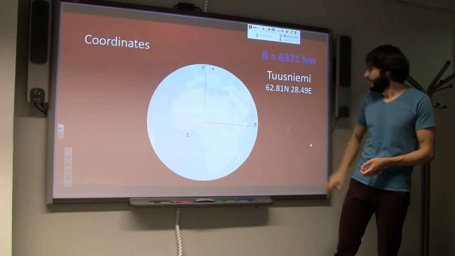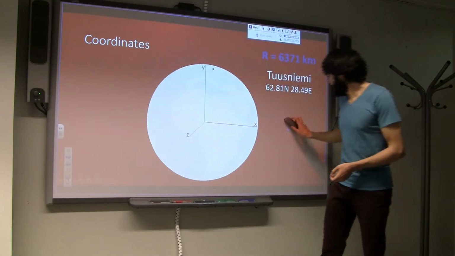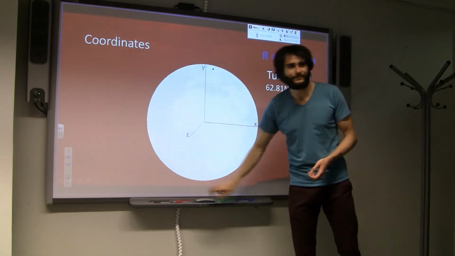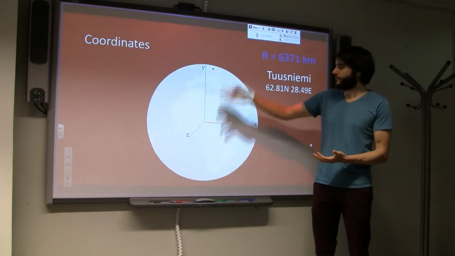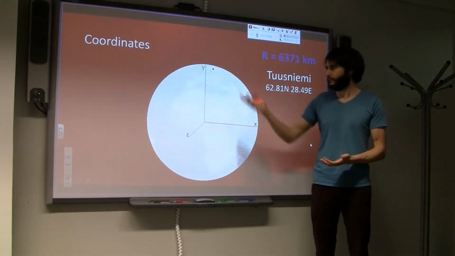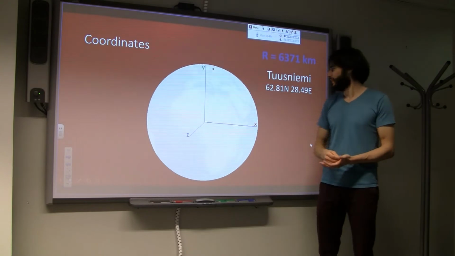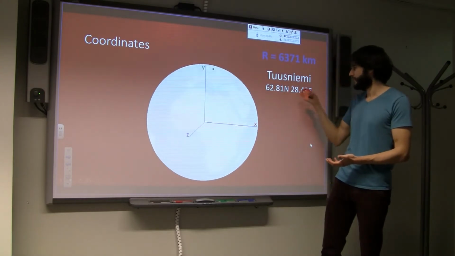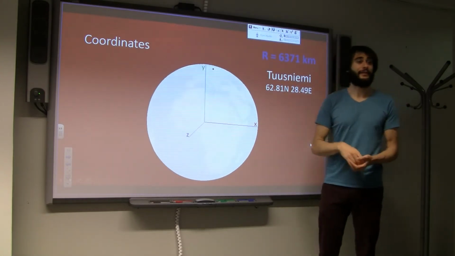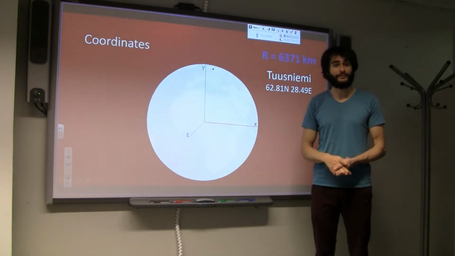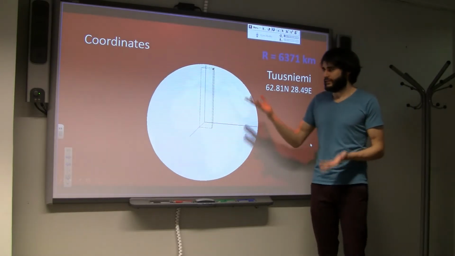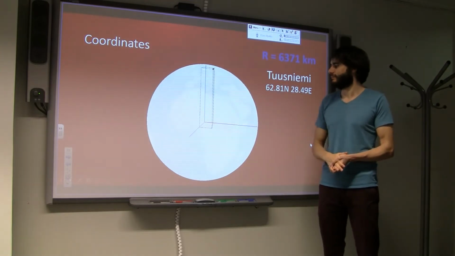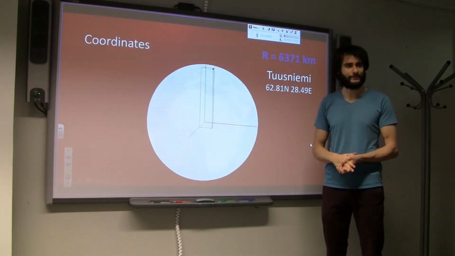Okay. But now we start to do some math. And the question would be, what would be the x, y, and z values of Tuusniemi if we know the latitude, longitude, and the radius of the Earth? Well, we have this kind of parallelogram there.